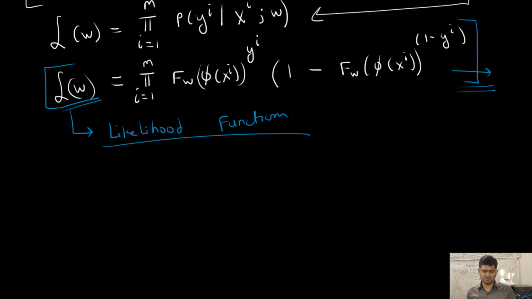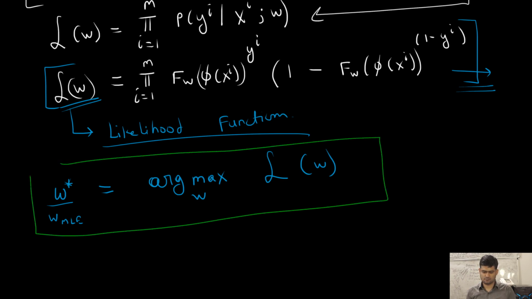The optimal parameters w, or the maximum likelihood estimate of w, which we can write simply as W_MLE or W star, is argmax over W of the likelihood of W. So now we are going to maximize this likelihood function to compute the optimal parameters, the maximum likelihood estimate W star. The next part of the lecture will show how to do it.